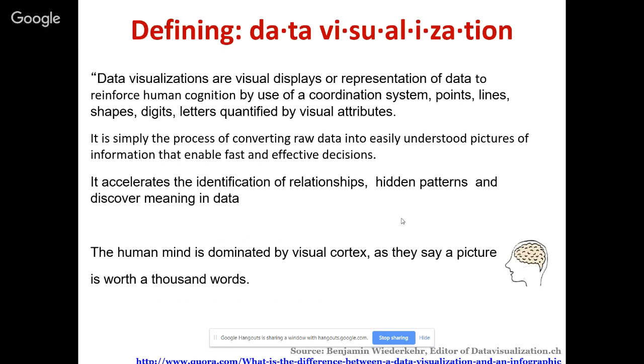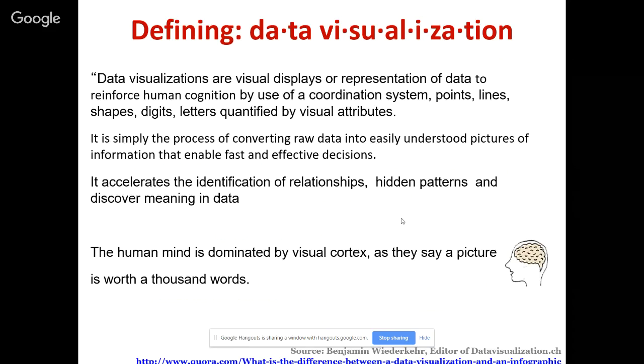So you are able to look at shapes and digits and letters all put together in a certain way to ensure that you understand what you are presenting. And so the visual attributes is the fundamental principle of data visualization. It also simply is the process of converting raw data into easily understood pictures of information.